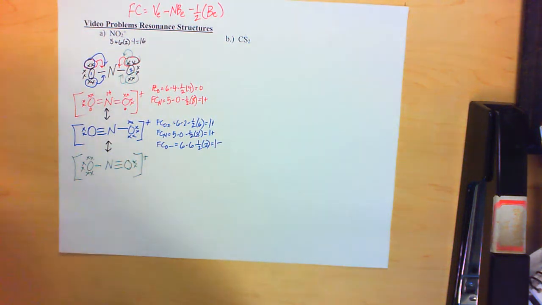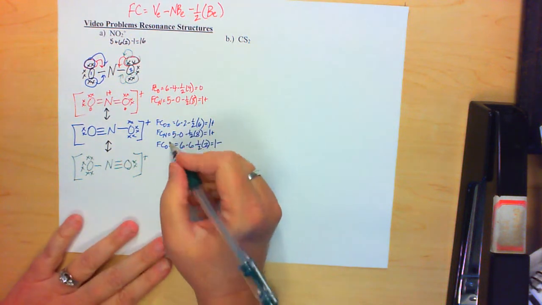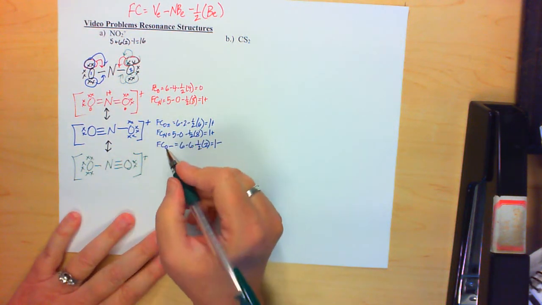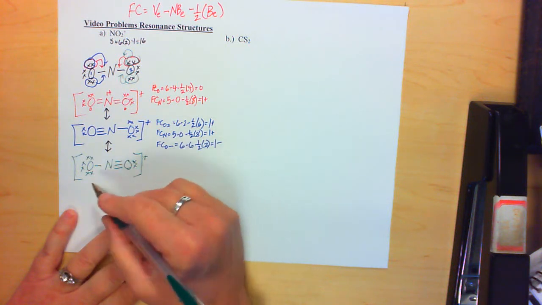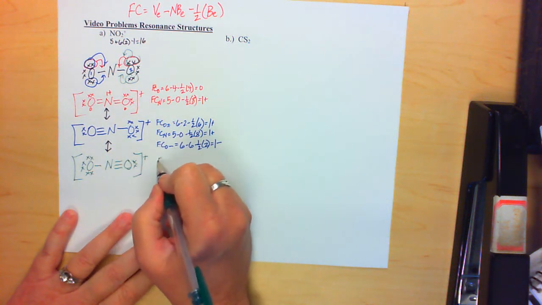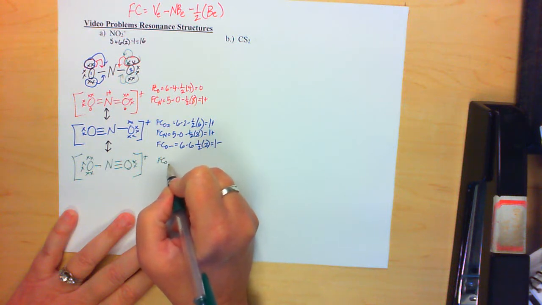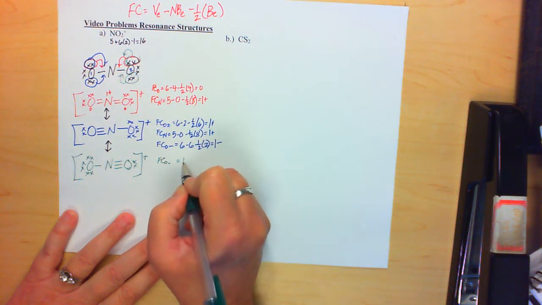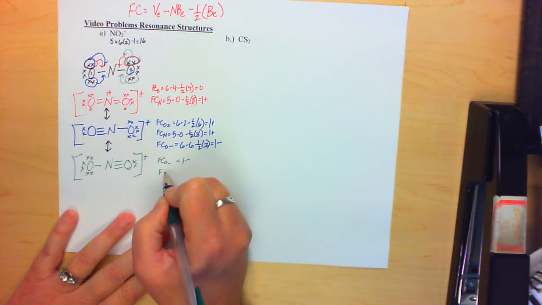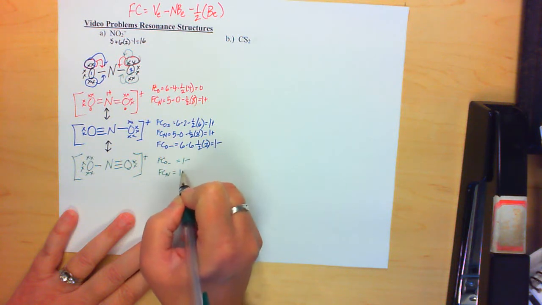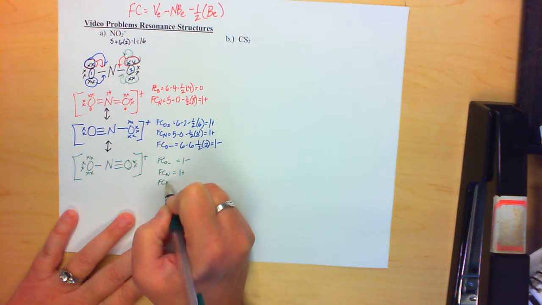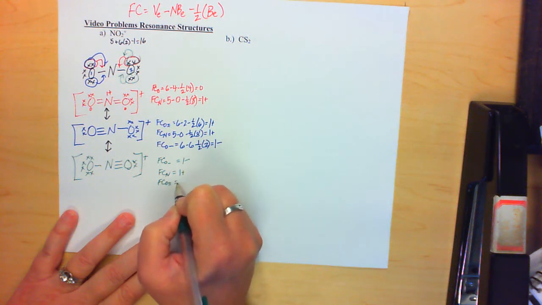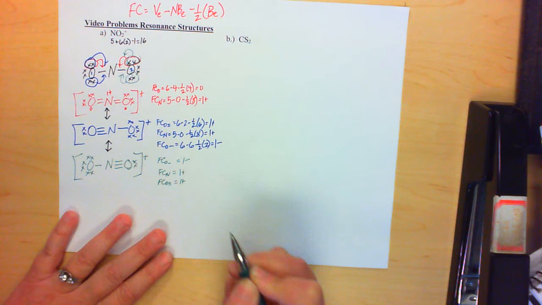Okay? So for the nitrogen down here, what we're going to have is formal charge of oxygen single, which is going to be the same, minus 1. These all will duplicate, so plus 1 on nitrogen, and formal charge of oxygen triple would be 1 plus.